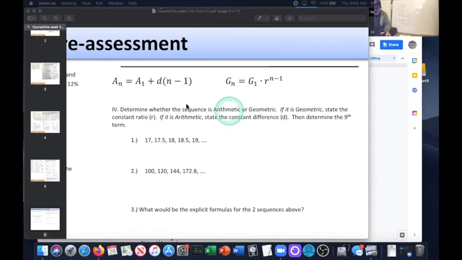Now again, just like the warm-up, there's no "neither" here. So you know one of them is arithmetic and the other is geometric. Or I could have been tricky and made them both arithmetic. But here, number one, you're adding 0.5 as you go to the right. So d is 0.5.